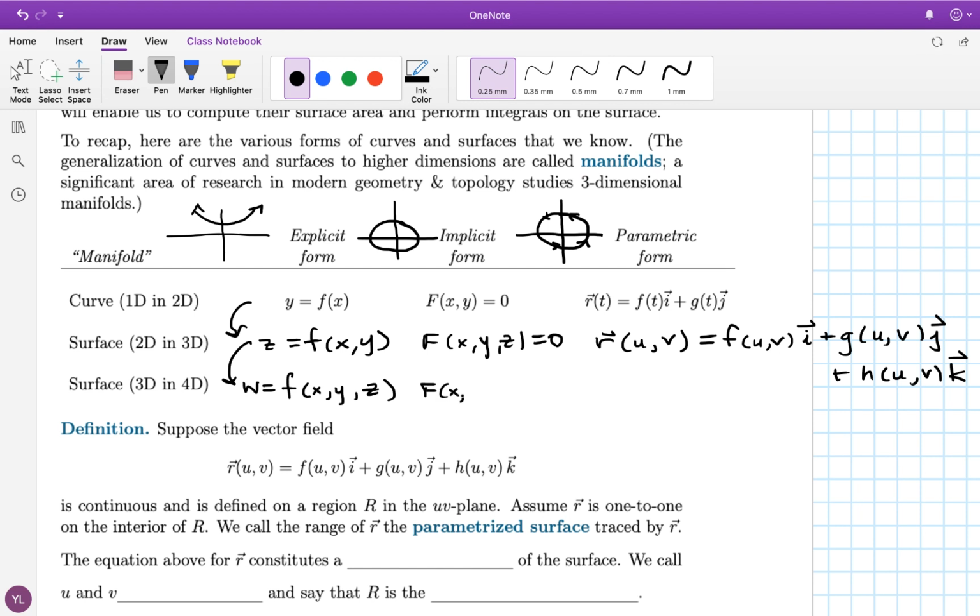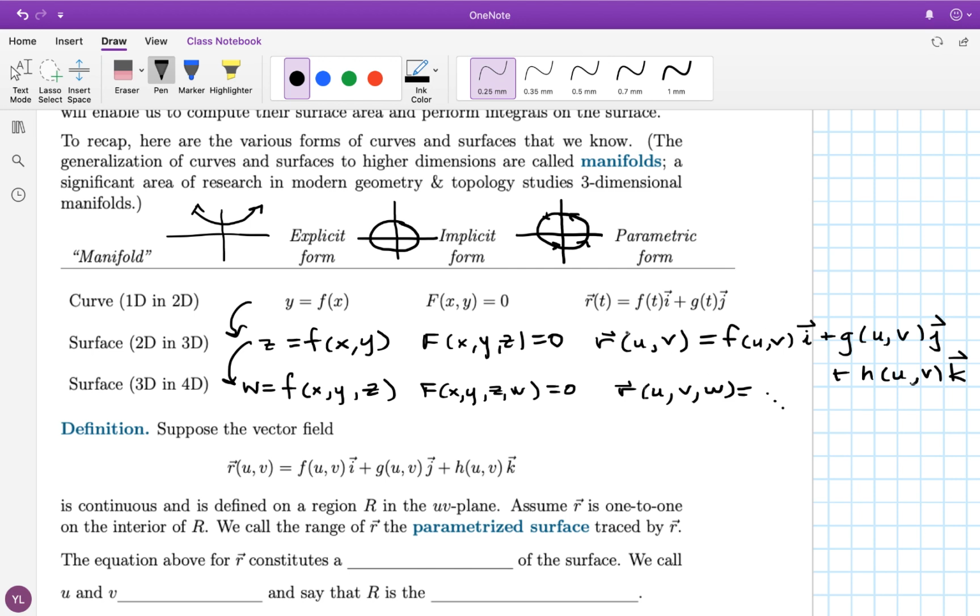And you could just as easily parameterize a 3-dimensional surface in 4 dimensions. Why not, right? It would just be given then by a vector equation involving 3 parameters. Okay, and I ran out of room, so just understand that in 4 dimensions, you do have 4 components to all your points. So each of those components would depend on the 3 parameters. And this, you can keep going up and up and up through dimensions and define these types of things.